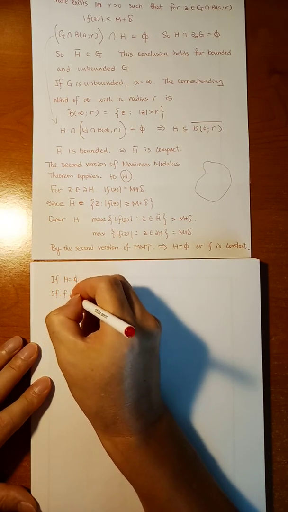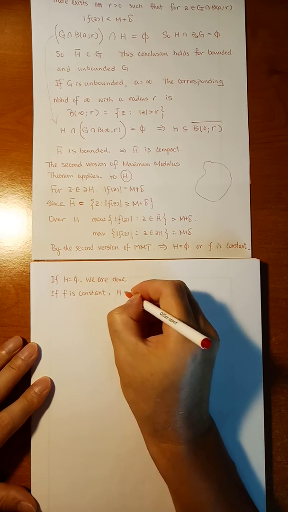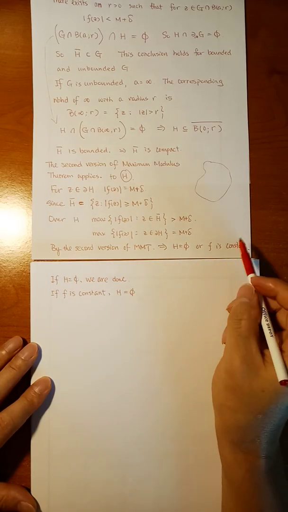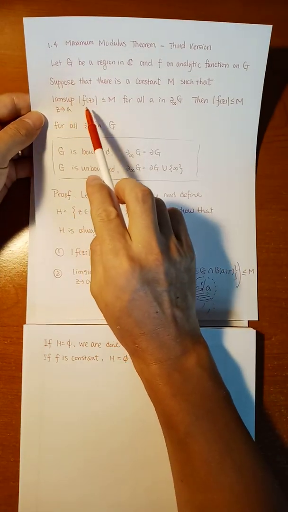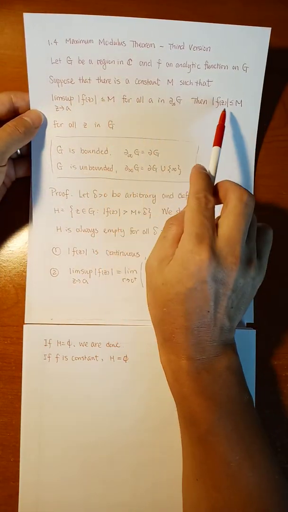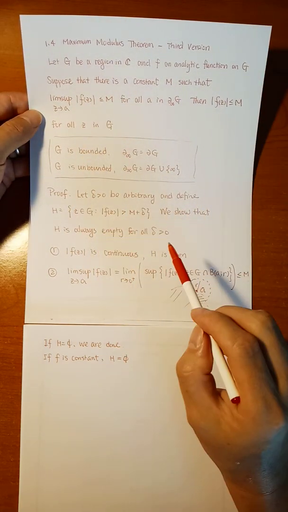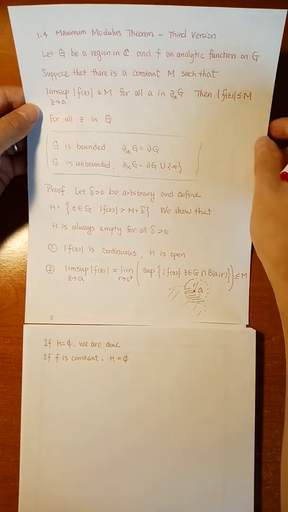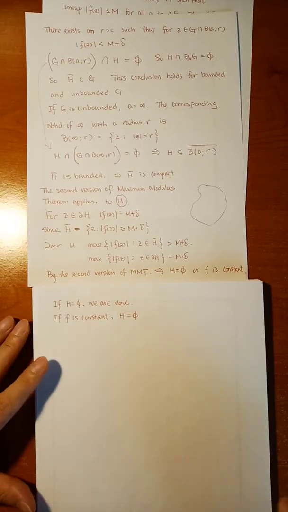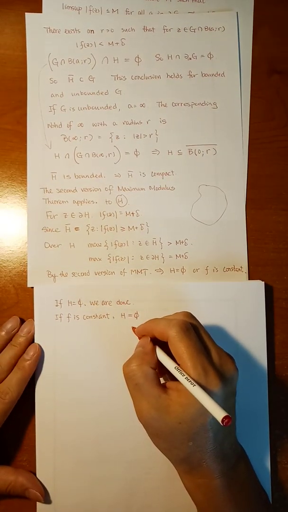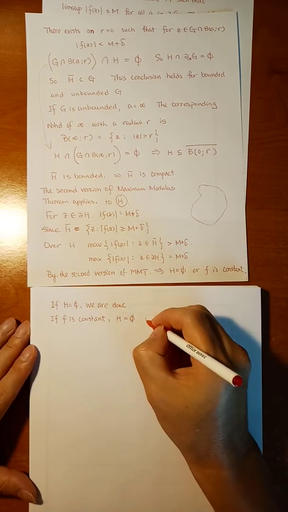If f is constant, H is still empty. Why? f is constant, then from the statement, the lim sup is a constant strictly less than m, and then the modulus of f of z is less than m for all z automatically, so H is still the empty set. So in either case, H is empty, then we are done.